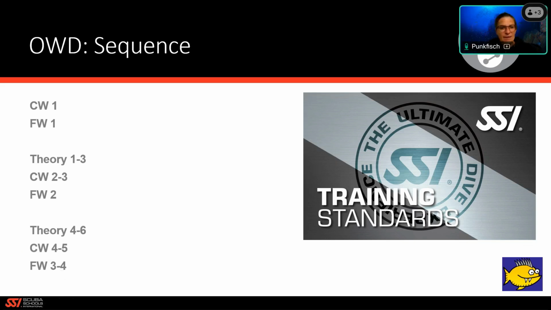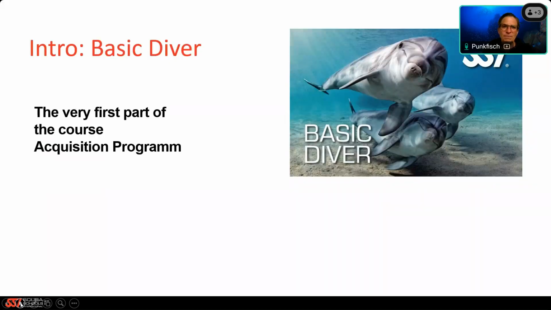So this is the sequence. That's the only thing that we can get out of the standards about how to organize the course, that there are certain limits. Some things have to be finished before others. But with this done, we have some freedom to move.